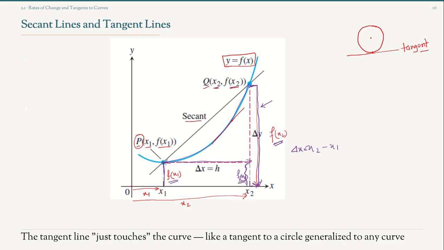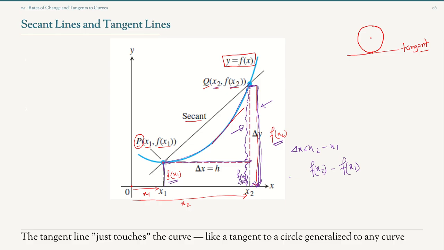If we subtract f of x1 from f of x2, basically, what is the change here? This is the change. So how can we find this value? F of x2 minus f of x1. Okay.